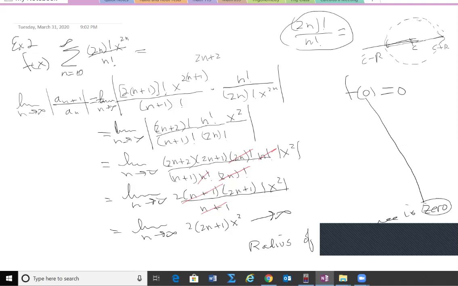Our radius is just along the x-axis, one-dimensional, but we still call it radius. And in this case, that radius is 0 for this problem. So it diverges everywhere except right at the center.